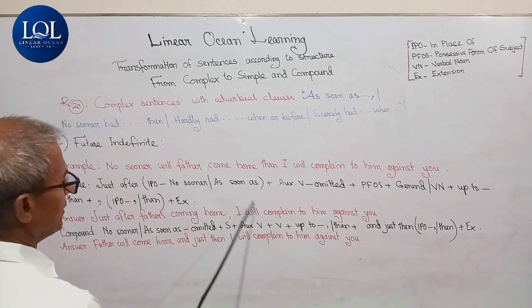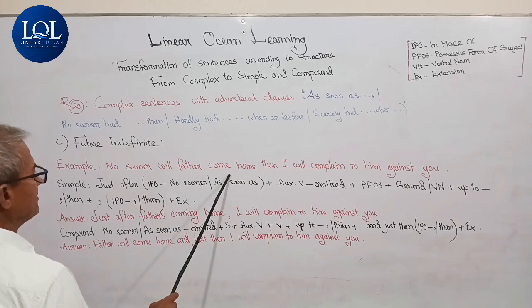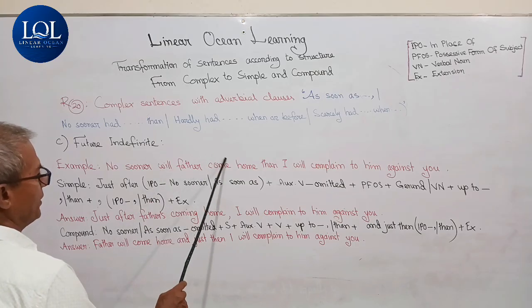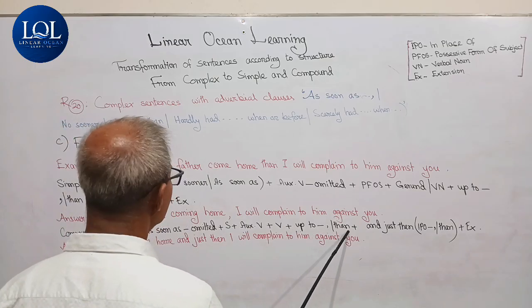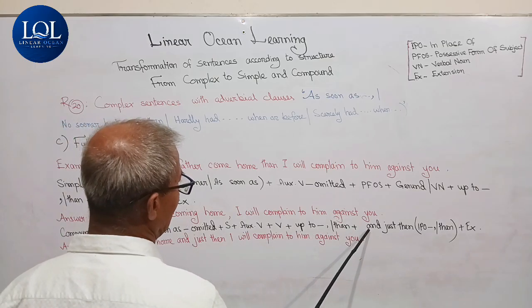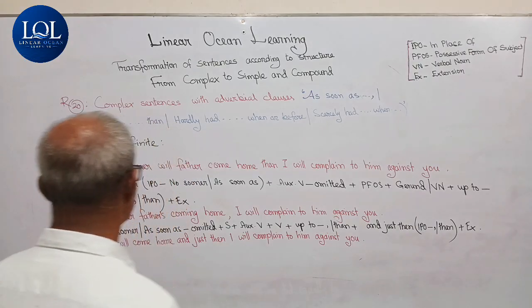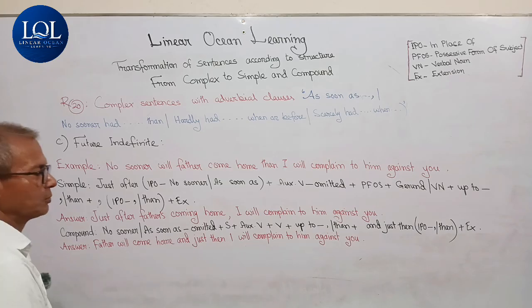The verb is come here and it will be come there because it is in future indefinite tense. And after a modal auxiliary, we get the verb base, plus up to comma or than, plus "and just then", IPO comma or than, plus extension. The answer is: Father will come home and just then I will complain to him against you.